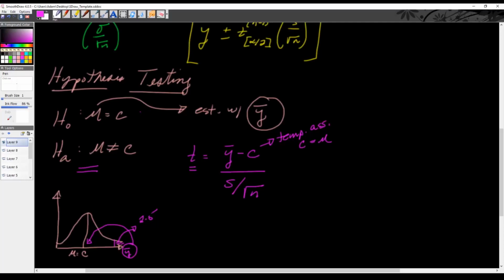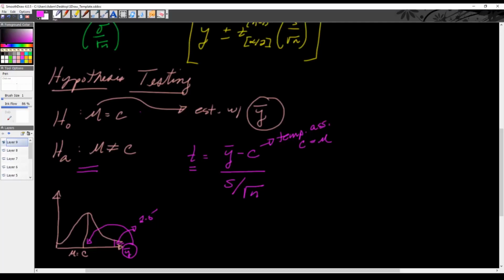And if we specify alpha to be 5%, or we put 2.5% in each tail, so the level of statistical significance is 5%, then we are going to randomly get sample statistics that are greater than the temporarily assumed hypothesized value 5% of the time. So even if the null hypothesis is true, we're going to reject it 5% of the time. So that's really important to understand.